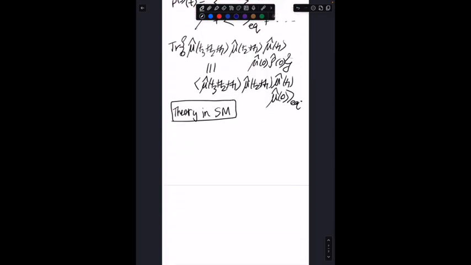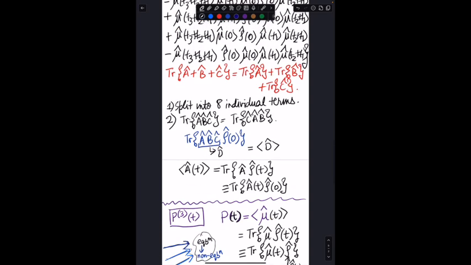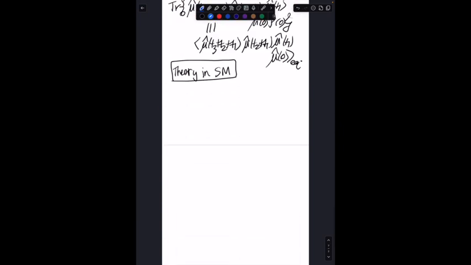So by following step 1 and step 2, the math reduces down as follows.